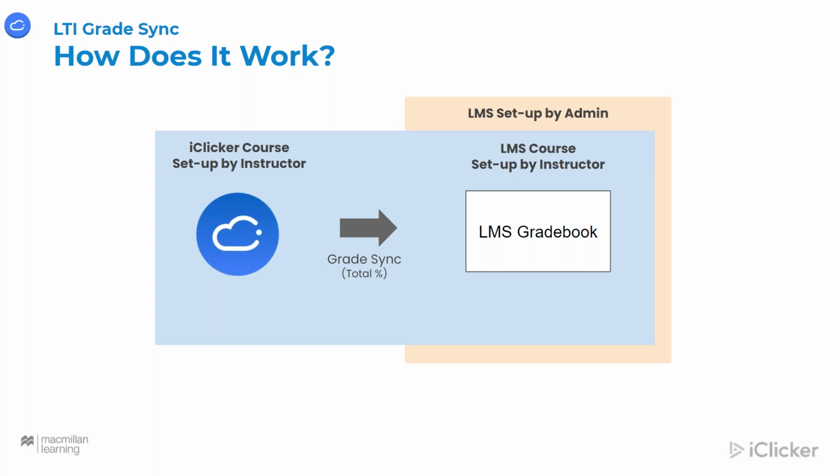Grade sync happens from iClicker to the LMS gradebook. It's sent as a total single score for each student. This score is a total percentage of the points in iClicker. It's then translated in the LMS to points based upon how many points the instructor defined when they set up that LTI tool. All right, next slide, please.